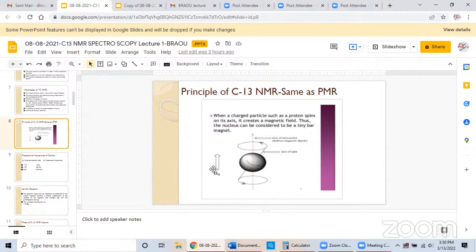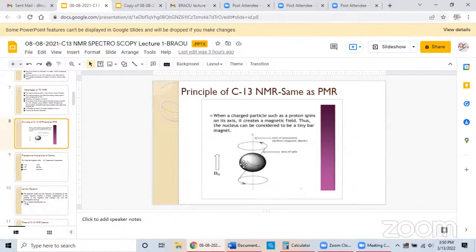Now it will have a characteristic motion which we call precessional motion. That is, it will rotate around the axis of the applied magnetic field. So two motions are there: one is spinning, the other is precession. This is the same as in proton NMR; it is any magnetic nucleus. In proton NMR it is the proton, in C13 NMR it is carbon-13.